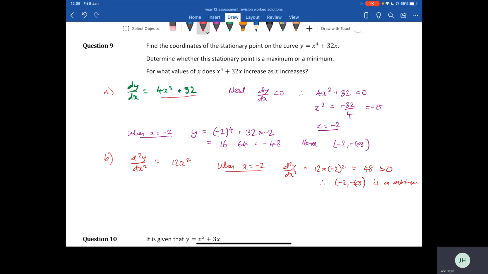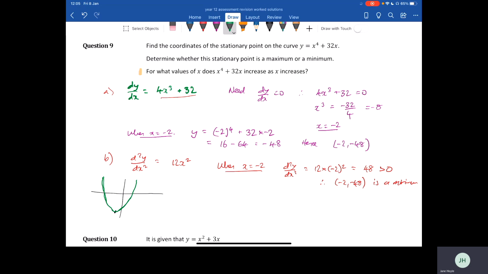And then this, often people don't like these questions, but you just need to think, maybe do a sketch as well. What does this mean? What is going on here? So I know that this curve has got a minimum at -2, -48. Obviously x and y axis aren't the same scale, so I'll just represent it like this. You, of course, can just sketch this on your graphical calculator.